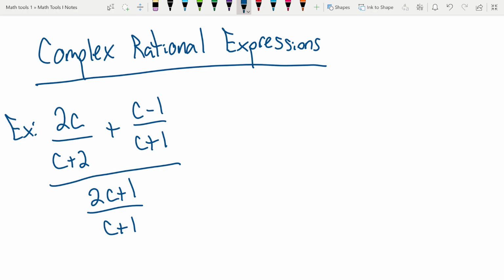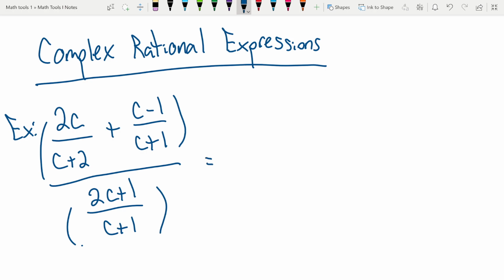So we have division and we have addition. Order of operations would say that we should simplify the top and the bottom of the fractions first, like this part and this part, and then do the division. So the bottom here can't be simplified, but we can simplify the top by finding a common denominator.